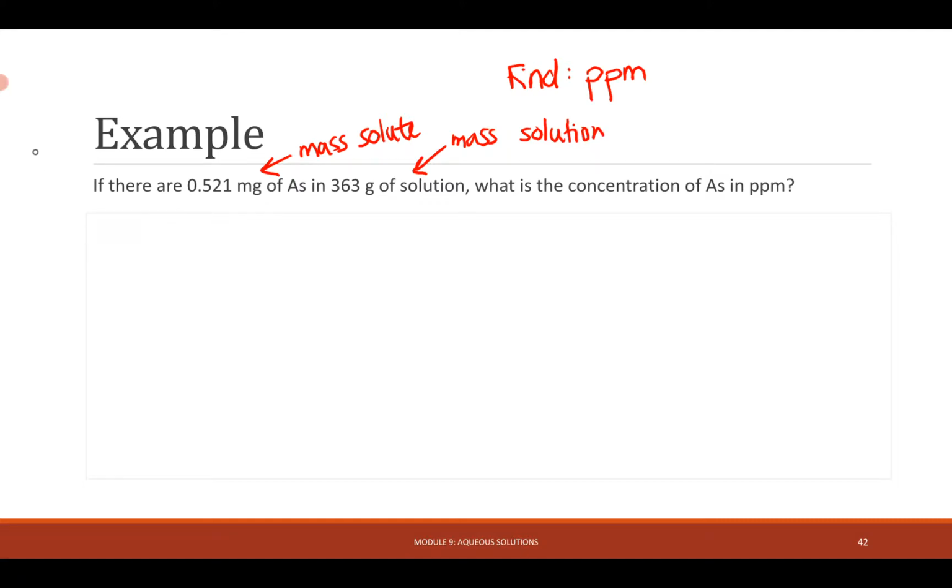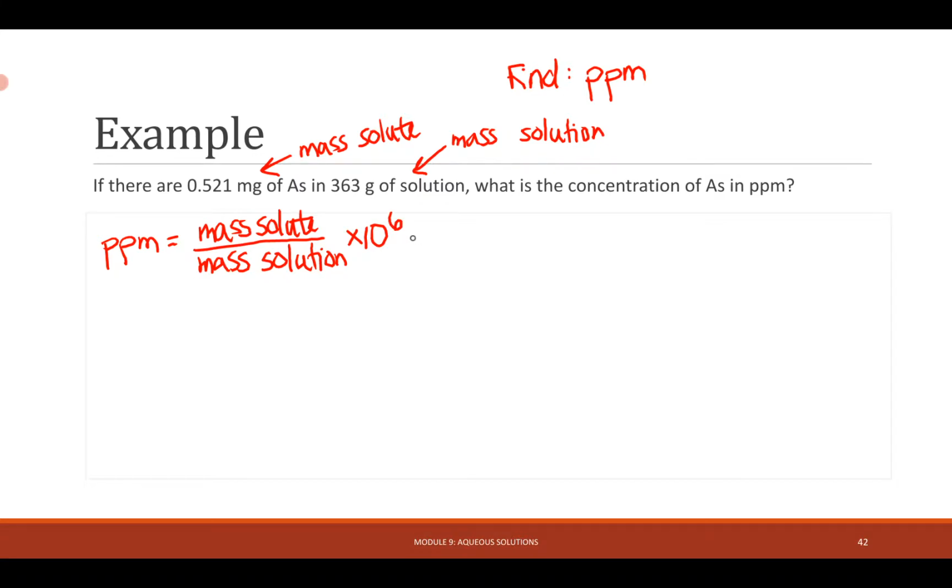So let's look at what the definition of ppm is. ppm is equal to my mass of solute divided by my mass solution. And then there's a multiplication factor of 10 to the 6th.